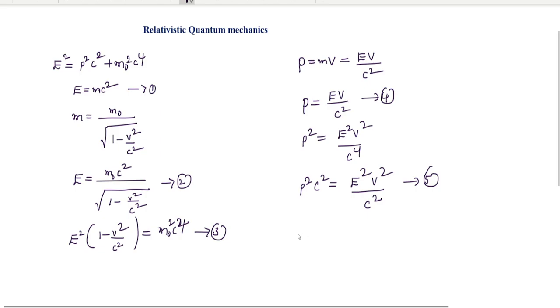Then you will get P square C square plus M naught square C power 4 equal to E square V square divided by C square plus E square times 1 minus V square divided by C square.